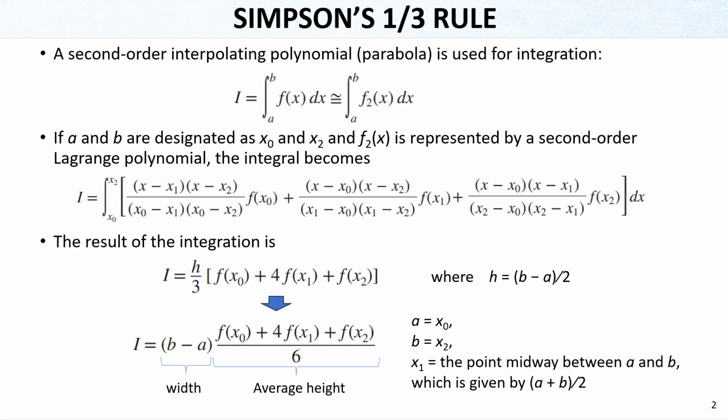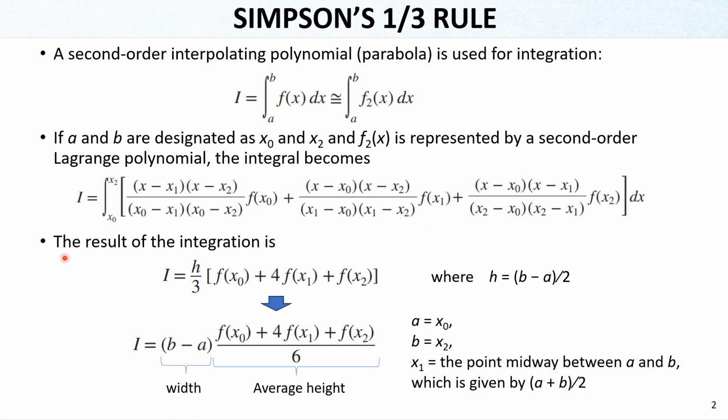In the Simpson's 1/3 rule, we are going to use a second order interpolating polynomial for integration. Basically, we predict the function with a second order polynomial. For that, we can use a second order Lagrange polynomial. You can see here, if you remember, it has these 3 terms with 3 points. So x0 and x2 are a and b, the limits, and x1 is in between them.